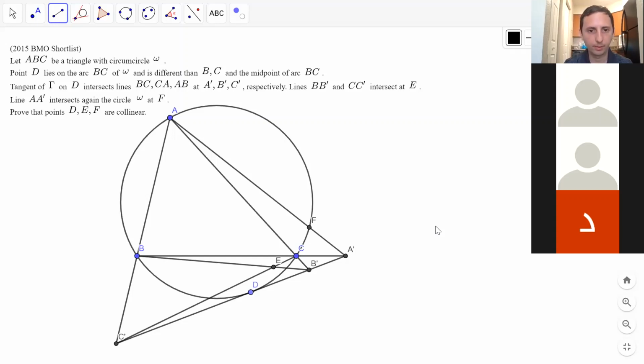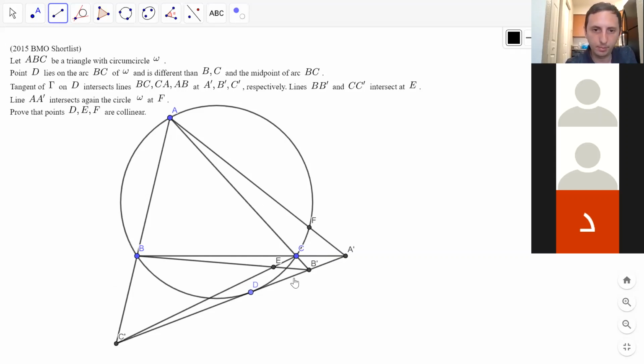Maybe reframing it somehow. Like maybe we could let DF intersect BB prime at a point. I guess however we do it, we kind of have to show a collinearity, right? But yeah, we have like a complete quadrilateral here, right?